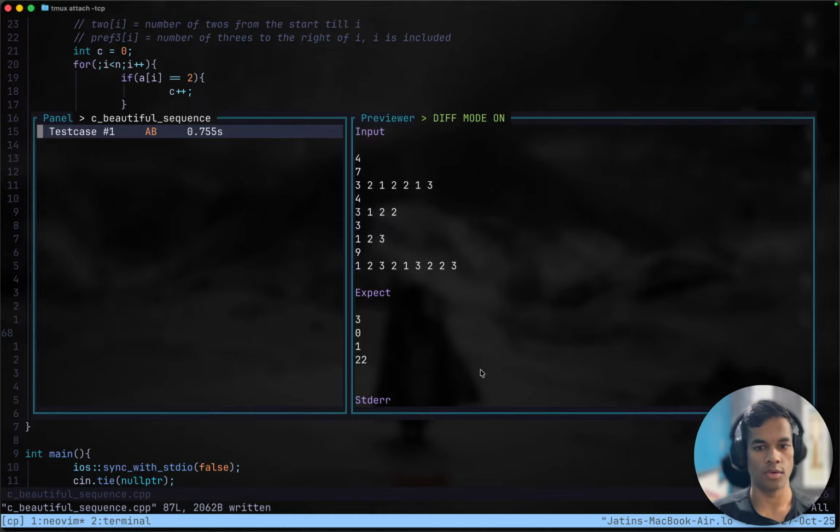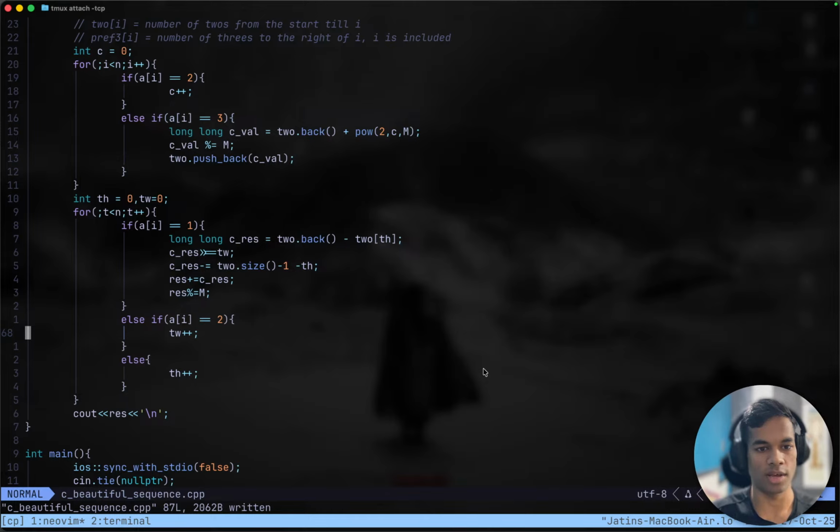Okay, I expected this to work this time. Of course, this doesn't work because we are using i here instead of t.